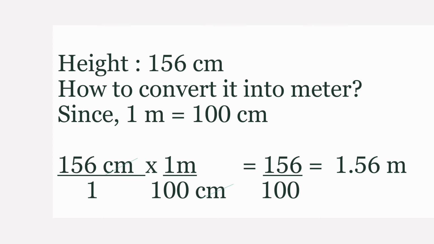Like 179, when you divide it by 100, it will become 1.79 meters. The same with 140 centimeters divided by 100. Since 1 meter is equal to 100 centimeters, it will become 1.40 meters. So that's it.